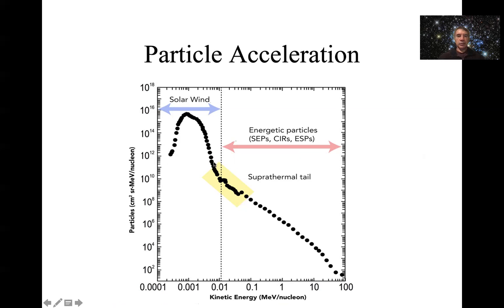You can see there's a lot of particles down at the low energy end. This is what we would call the normal solar wind, associated with the thermal properties at 1,000,000 Kelvin.